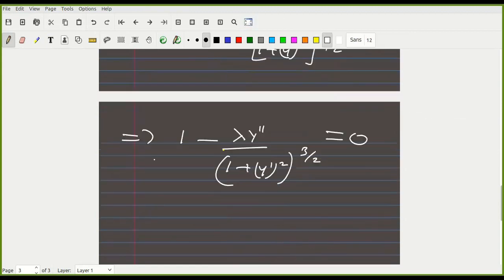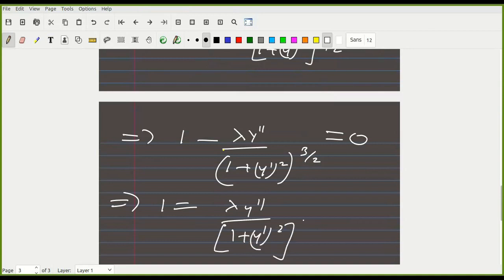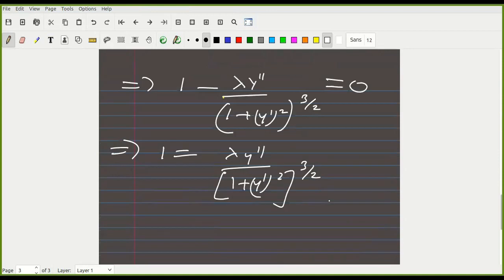So I can say 1 equal to lambda y double dash by 1 plus y dash the whole square, the whole power 3 by 2. This implies that 1 by lambda is y double dash by 1 plus y dash the whole square, the whole power 3 by 2.